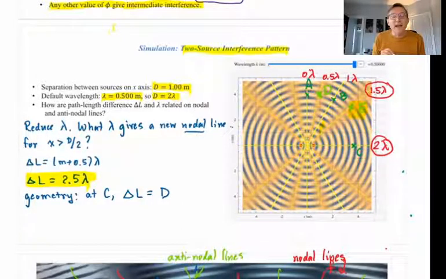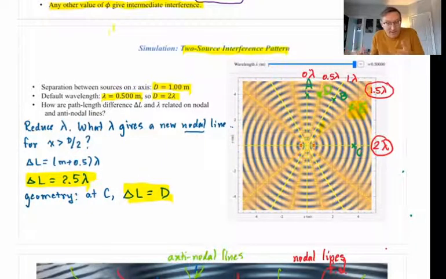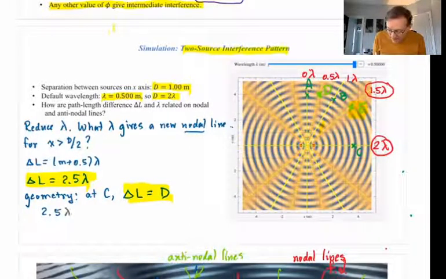Delta L equals 2.5 lambda to get me fully destructive interference, and delta L equals d set by the positioning of the sources. So if I put those two together, I get 2.5 lambda must equal d. Or in other words, lambda must equal d divided by 2.5.